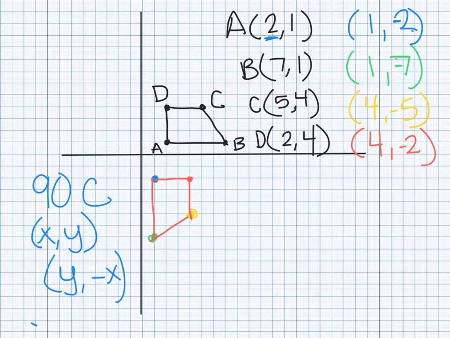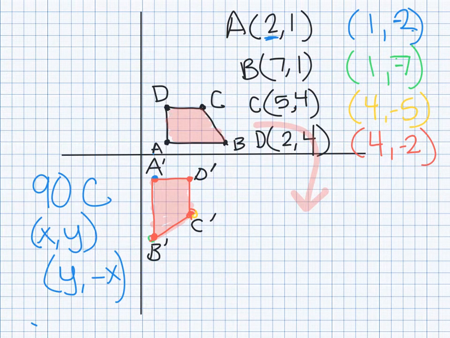I've turned it 90 degrees clockwise. The final step is just going to be to label it. So A is the forward 1, down 2. This is D prime, C prime, and B prime.